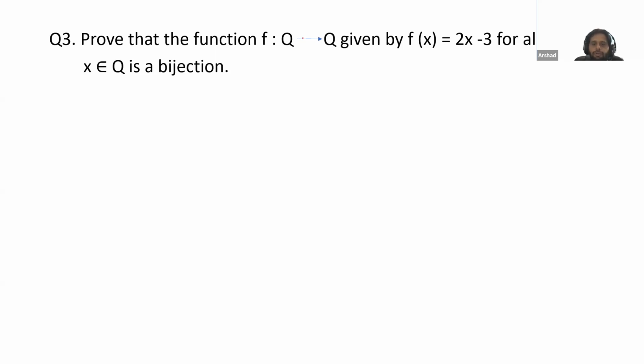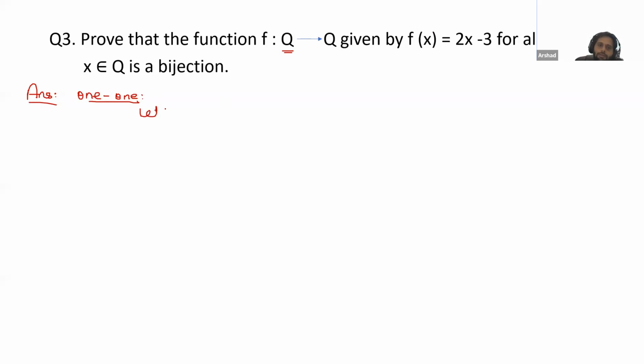Okay, so I hope everyone has done this, and whoever has a doubt, please check here. I will solve this with the same steps we performed in the previous questions. For one-one, what do we do? We assume two values from the first set.